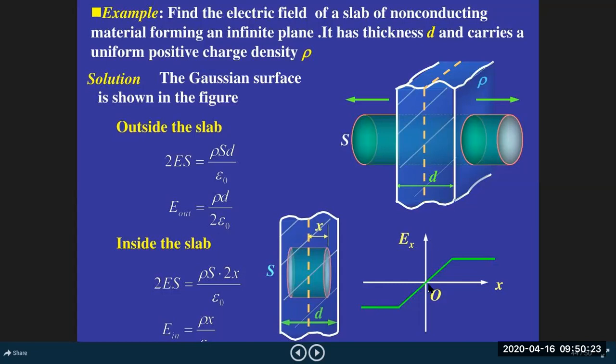As you move, the electric field increases and then becomes maximum, and that maximum value is rho D upon 2 epsilon naught, because at that point x becomes equal to D. Now, as soon as we come out of the slab, the electric field becomes constant and independent of distance, because the slab is an infinite plane. So this will remain the same. So this graph becomes like this.